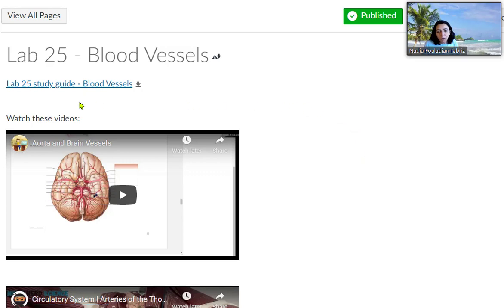For the lab of the blood vessels, as I said in the lecture, we went over the structure of all blood vessels: arteries, capillaries, and veins, different types and everything. Now here in the lab, we are going to learn how these blood vessels are distributed in the body, starting from the heart.